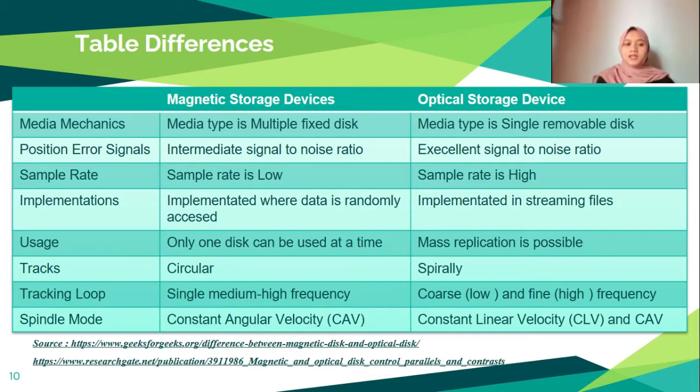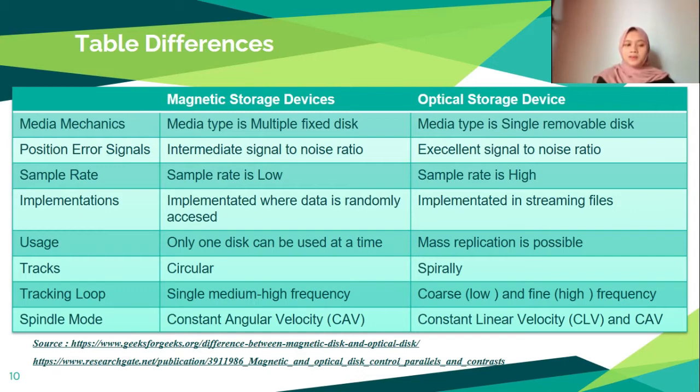The first is media mechanic. Media type is multiple fixed disks for magnetic storage and single removable disk for optical storage device. Number two, position error signal. Magnetic storage device has intermediate signal to noise ratio, and optical storage device has excellent signal to noise ratio.